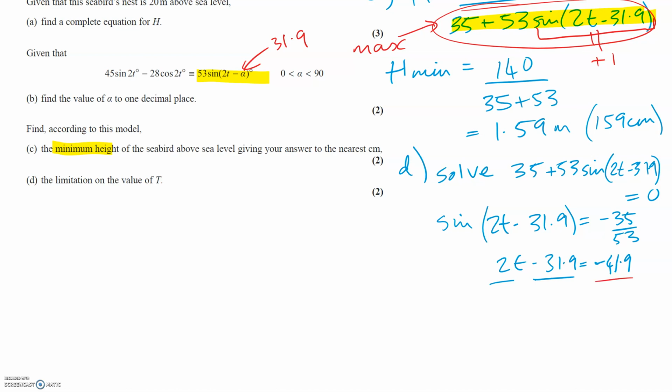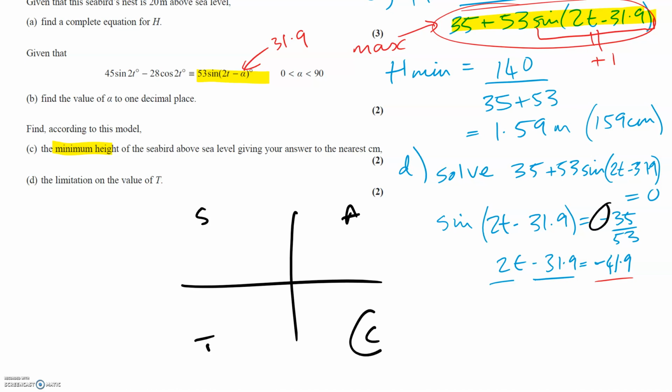But as usual with these kind of questions, you can use the CAST diagram, which I like to do. So where sine is negative, it's going to be down here and down here. We've got 41.9, so we're going to have 41.9 over here. And we're looking for the first positive value.